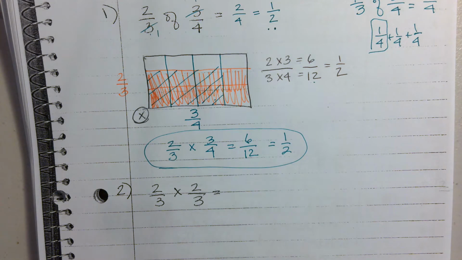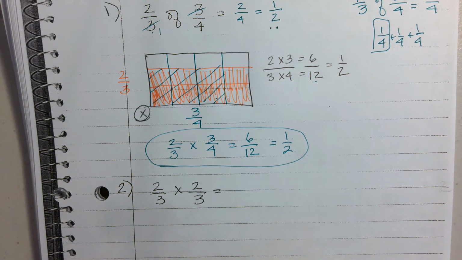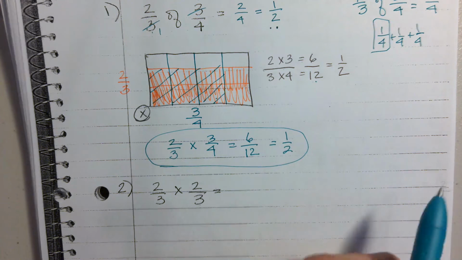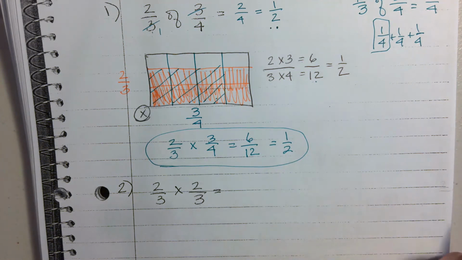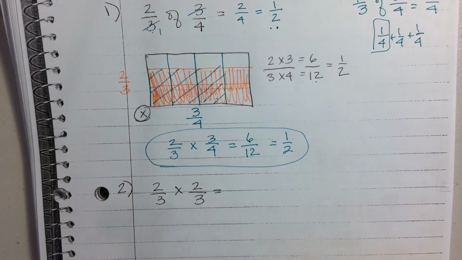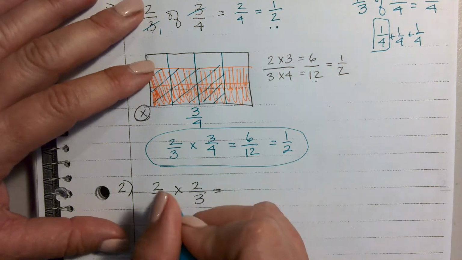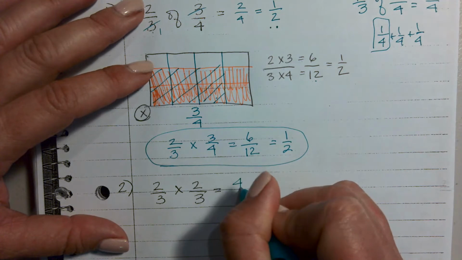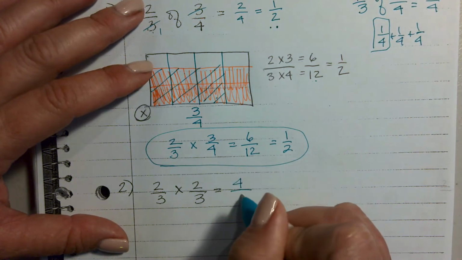and attempt this. So we see that the product of the denominators tells the total number of units, and the total number of units is going to be 9. The product of the numerators tells us the number of double shaded units is going to be what? 4, right? 2 times 2 is 4, and 3 times 3 is 9.